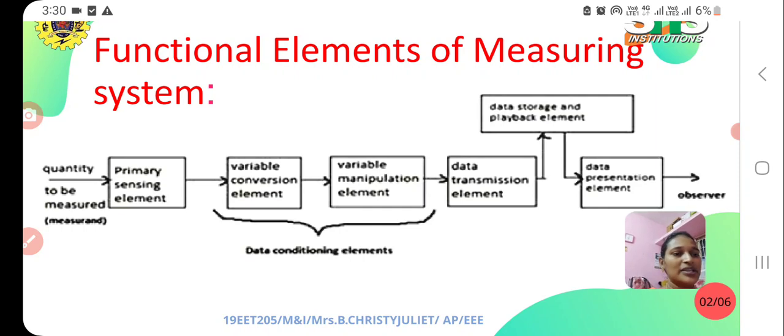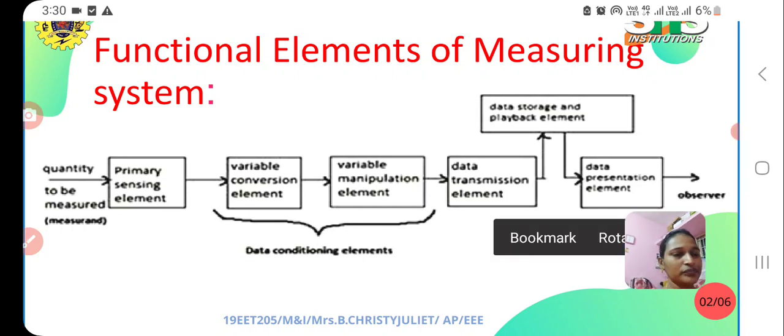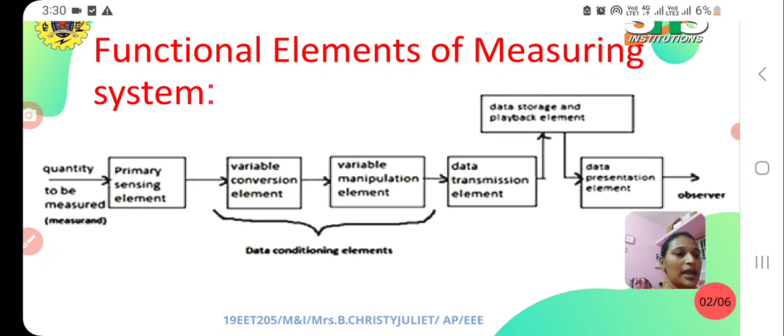The data presentation element can be an LED display, a dial, or any kind of graphical representation of the measurement, as in the case of a CRO, and that can be viewed by the observer. So this constitutes the generalized block diagram for measuring instruments.